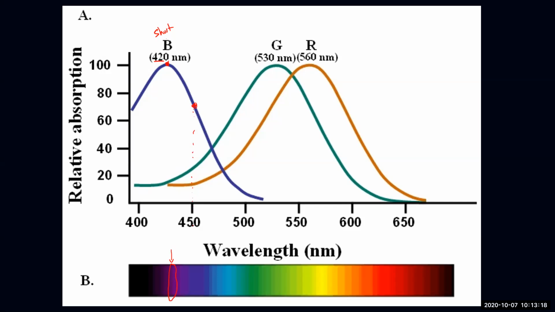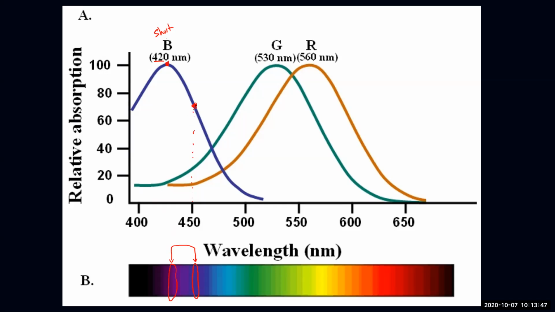If I do 450 nanometers in here somewhere, I still detect light, but my response isn't as strong. So your brain can distinguish these two wavelengths.